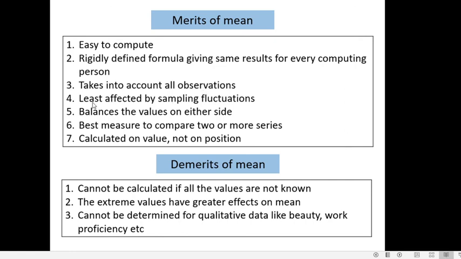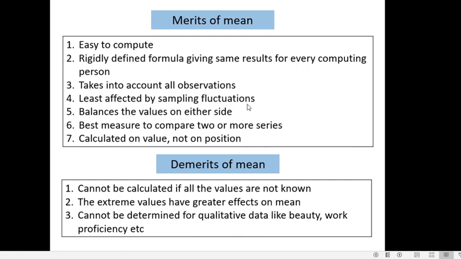And it is the value least affected by sampling fluctuations. When we are studying a population, one person takes a sample from the population and another person takes another sample, and there will be sampling fluctuations. But out of all the measures of central tendency, mean is the one least affected by sampling fluctuations.